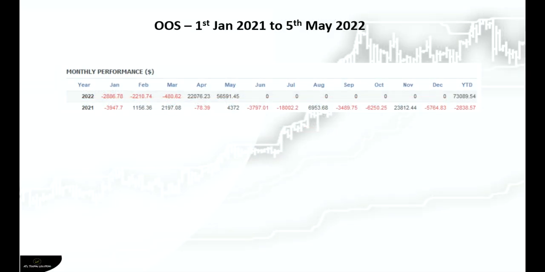Now let's look at the most recent out-of-sample performance between the 1st of January 2021 and the 5th of May 2022. Here we can see a small loss for 2021, but a very solid performance year to date for 2022. I told you to reduce your expectations, didn't I?